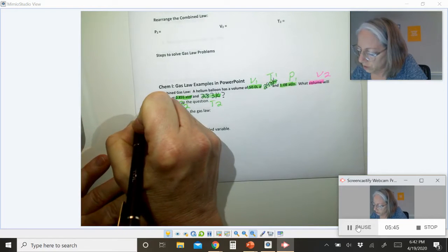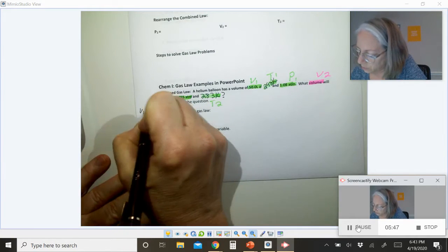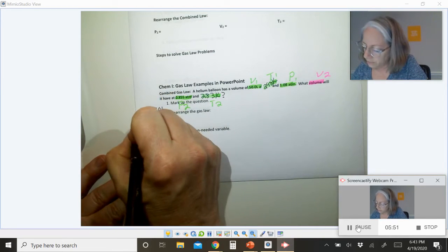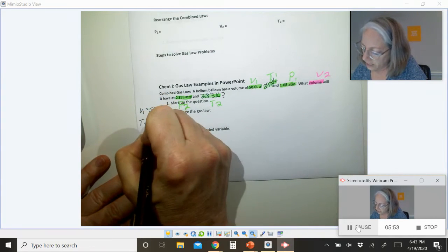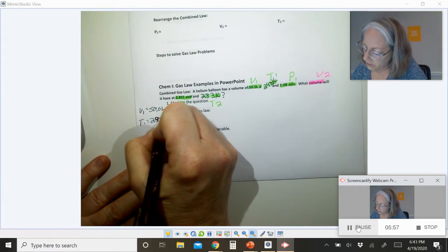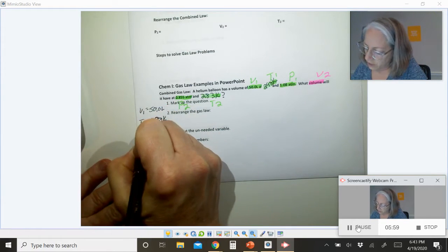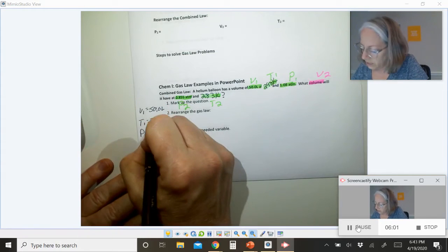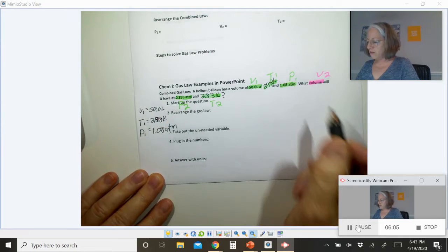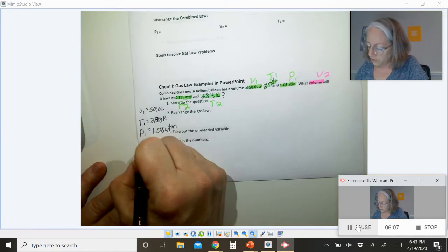So our V1 is 50.0 liters. Our T1, 298 Kelvin, and P1, 1.08 atmospheres. V2 is what we're looking for.